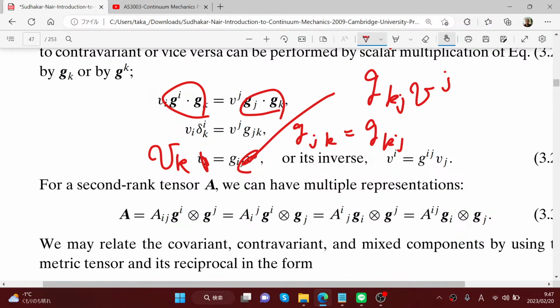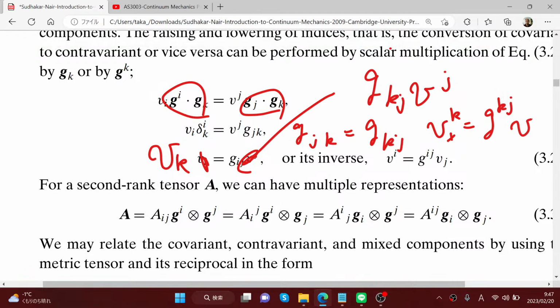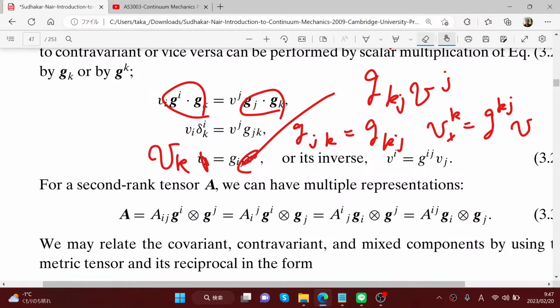So strange. Or it's inverse. You can also consider inverse. Vk, this is vk upstairs, equal gkj upstairs, then vj downstairs.